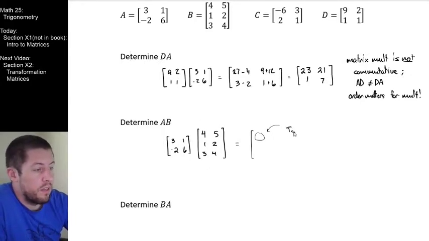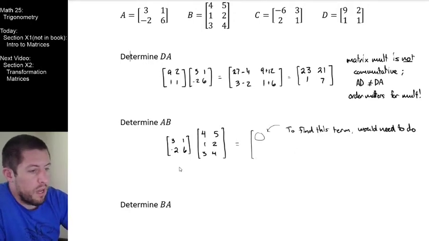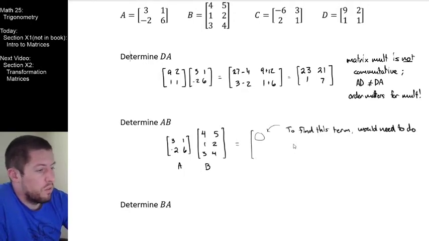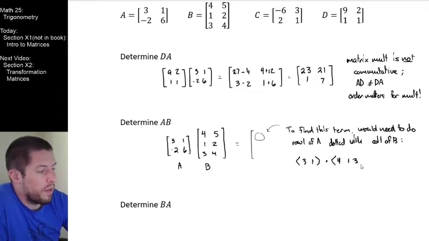To find this term, we would need to do row 1 of A dotted with column 1 of B. That is the dot product of row 1 of A, which is 3, 1, with column 1 of B, which is 4, 1, 3.